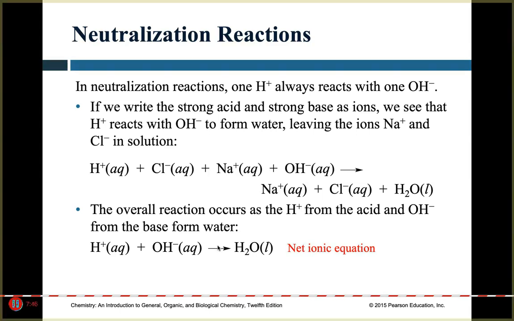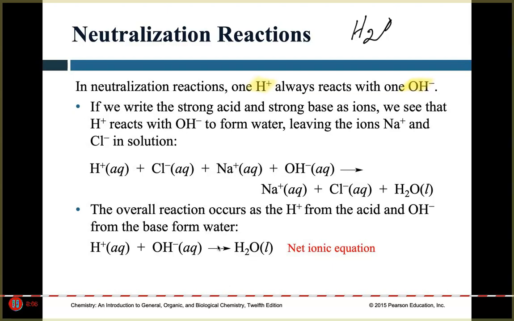So how do you balance particular chemical reactions? When you're dealing with neutralization reactions, this is why one of the products is always going to be water: the H+ from the acid is always going to react with one OH from the base. So what we see down here is explicitly written out.